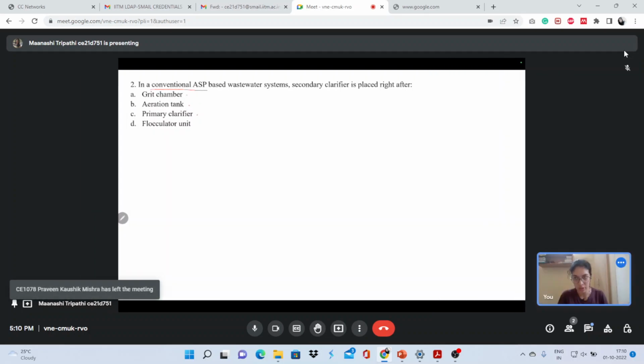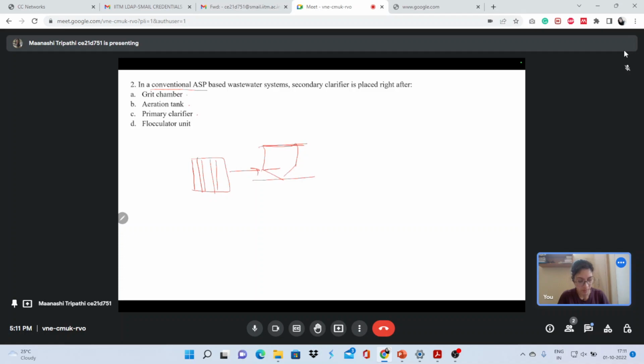For any water or wastewater treatment plant, what is the general scheme that we follow? There will be first screening of the big waste, then it will go to some grit chamber.